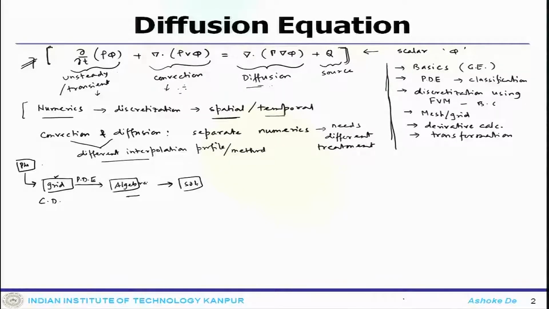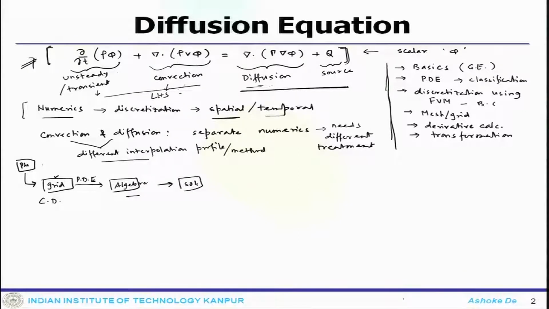To start with, if you just leave out the left hand side of the equation, we will start with a steady diffusion system with some source or sink term. So, the discussion that will follow from now on will be primarily on the diffusion system.